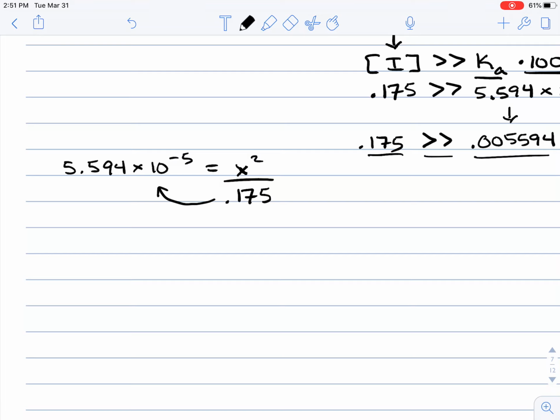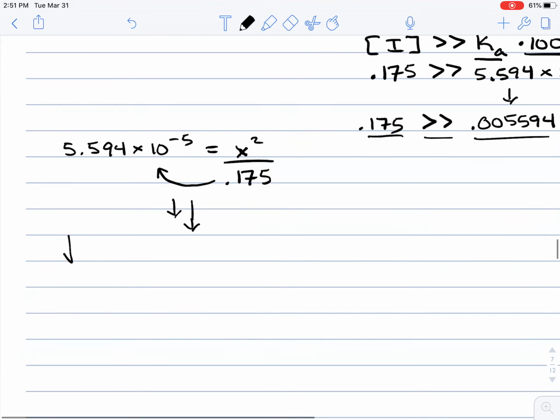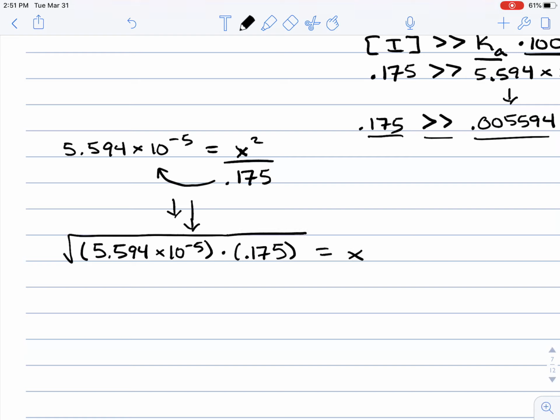And so at some point when you guys are working this out algebraically, you should get this in your work. So 5.594 times 10 to the negative 5 times 0.175, which equals x squared.